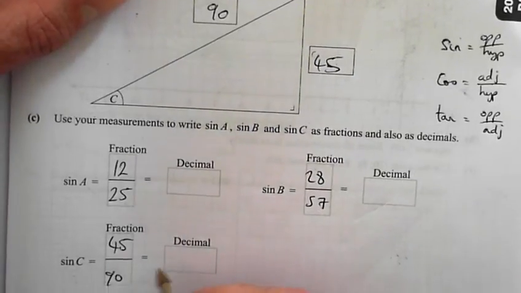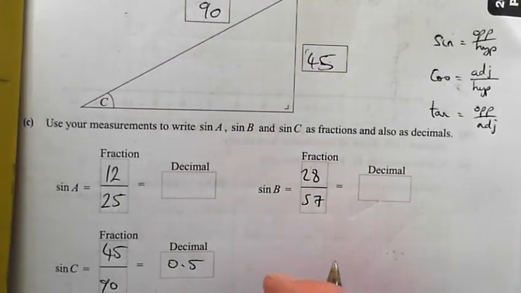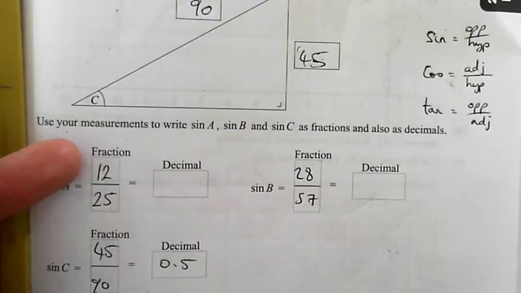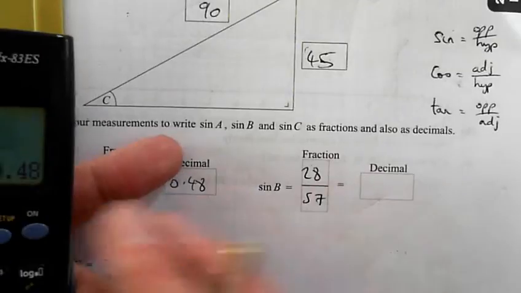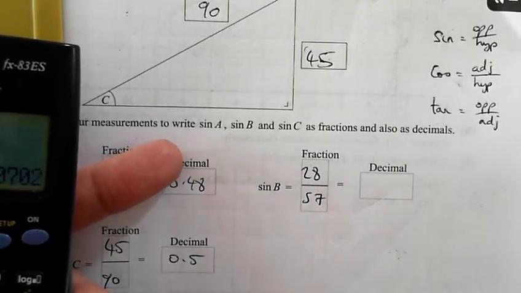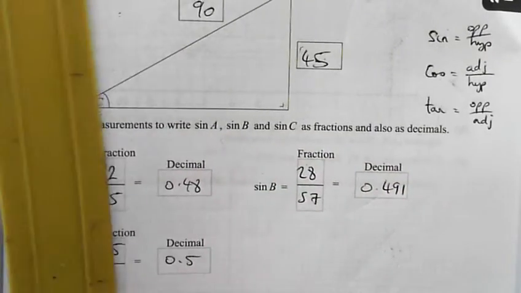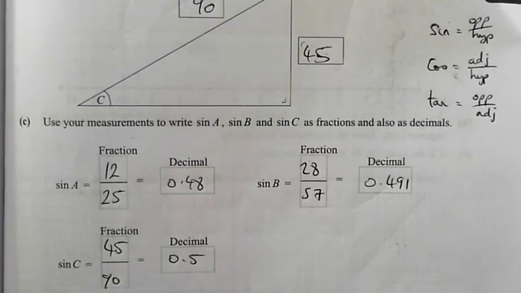Well, I know this is a decimal, 45 over 90, that's a half, 0.5. 12 over 25 is just less than half. 12 divided by 25 is equal to 0.48, and 28 divided by 57 is 0.491.